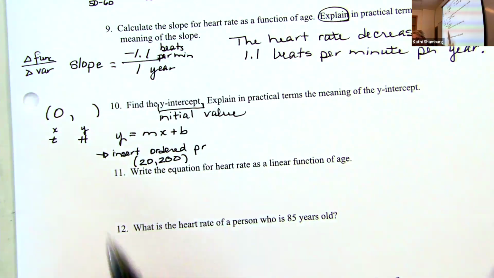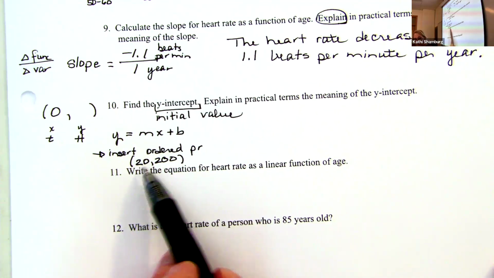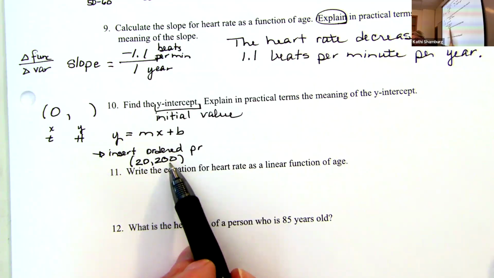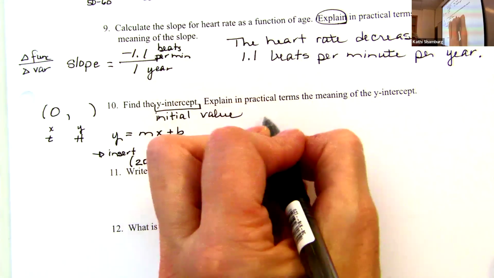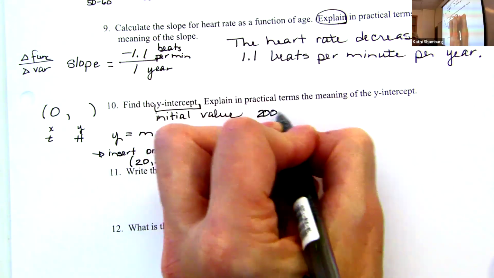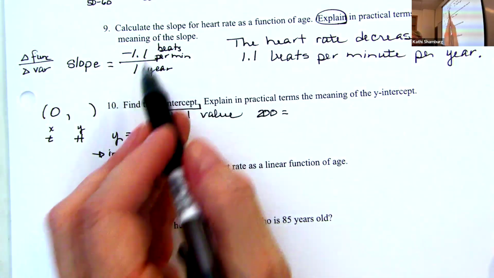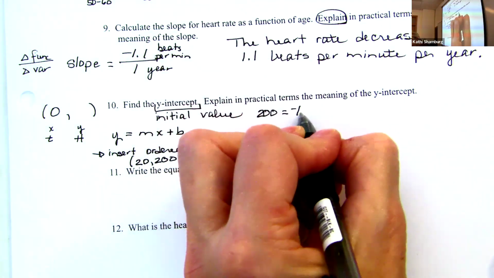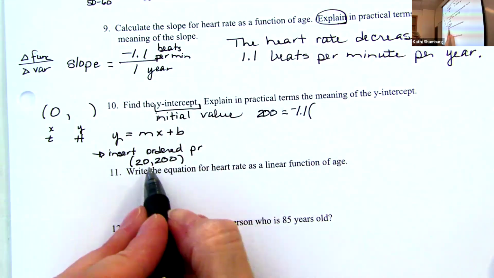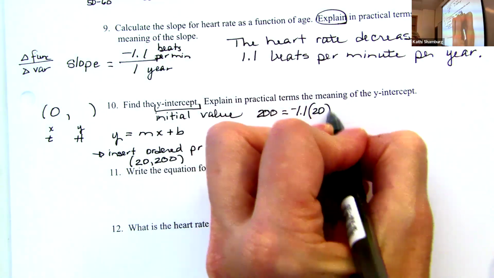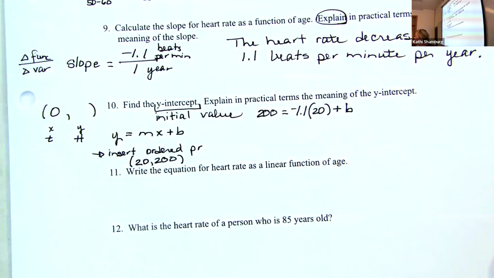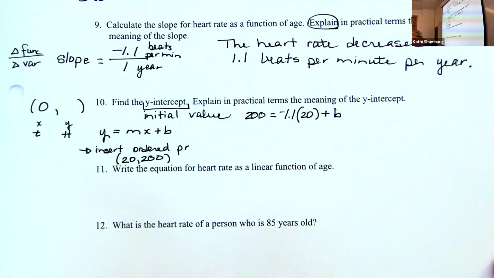All right, so this is your x value, this is your y value. So in place of the y, we're going to put 200. Then the slope we calculated to be negative 1.1, and in place of the x, we're going to put 20, and this is going to help us find the y-intercept or the initial value.